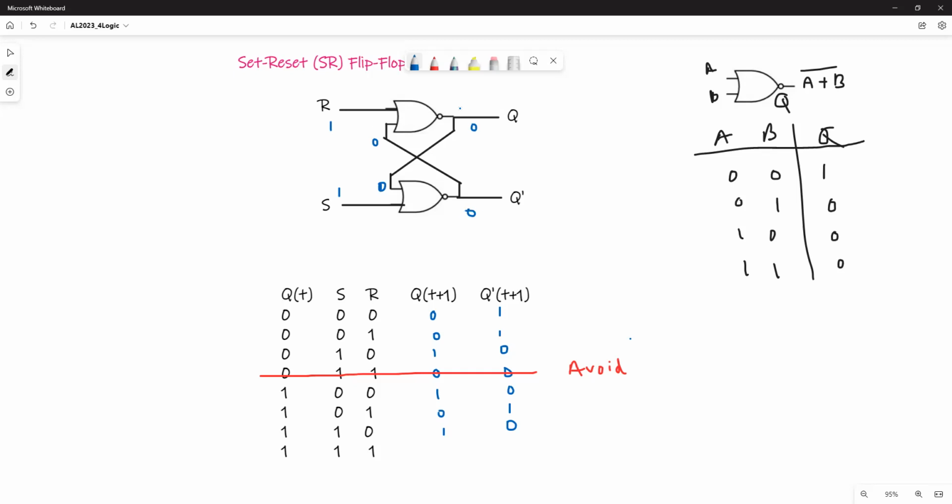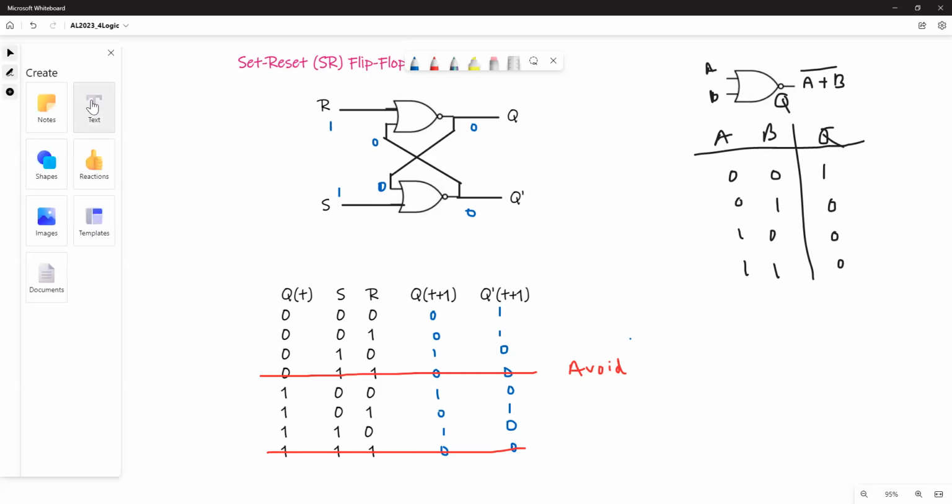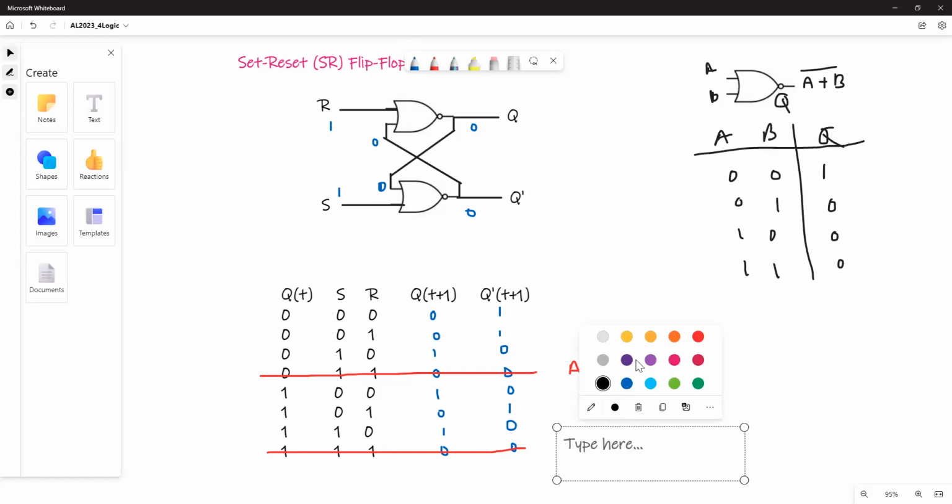So that is matched. The problem is again, this is 0 and 0. It can't be because the way we have defined, the output should be Q and Q bar. So this state is also we have to avoid. We normally say you need to avoid here.